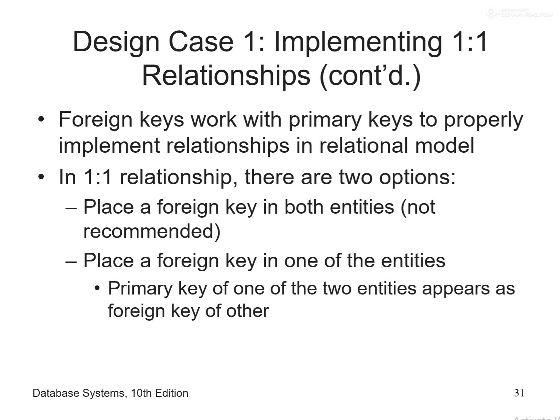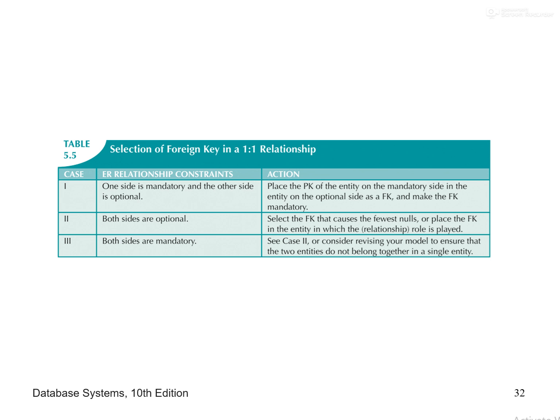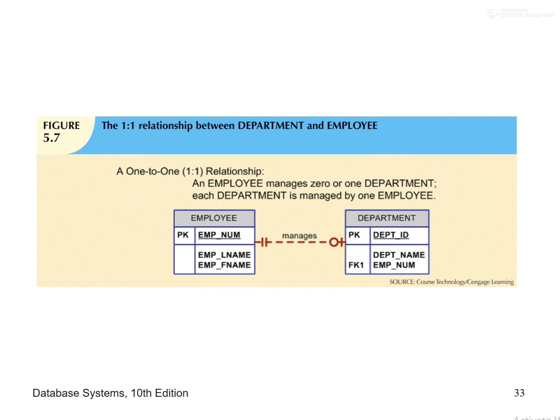Now, either add department ID as a foreign key in the employee table, or employee num as a foreign key in the department table. In which table do we have to add the foreign key? The answer to this question is based on these rules. If one side is mandatory and the other side is optional, like here in this example, we can see that employee is mandatory to department, but department is optional to employee.